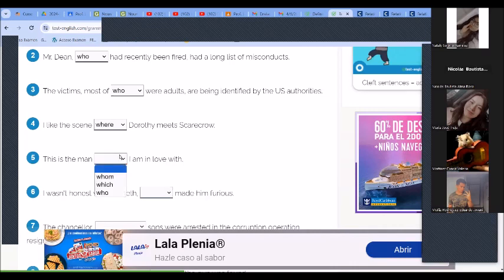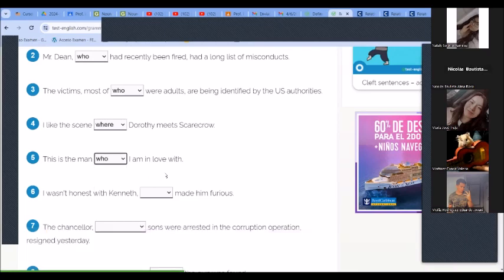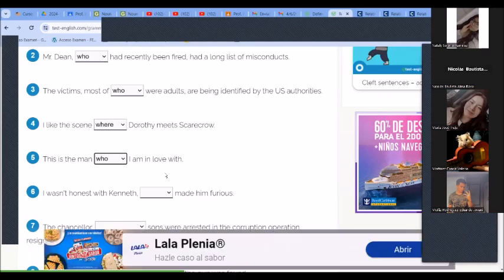Who. All right. So if we go with whom, this is the man whom I'm in love with, which is not very common. One more time. This is the man who I am in love with. All right. Because whom is not so common.